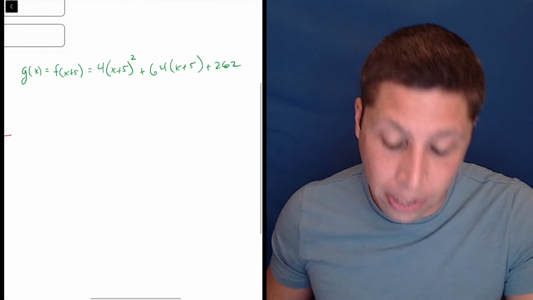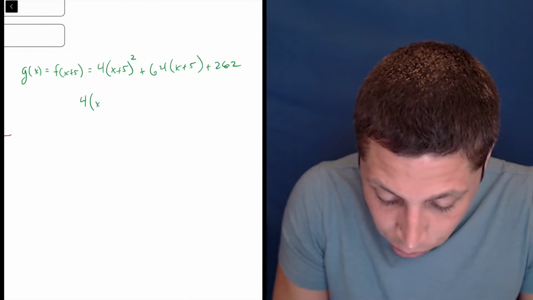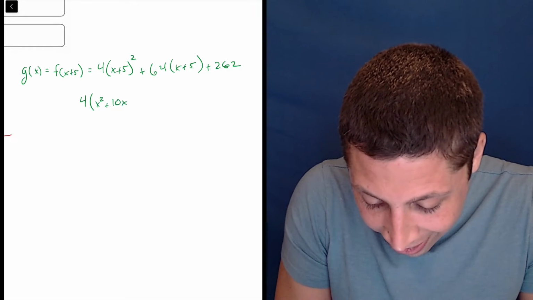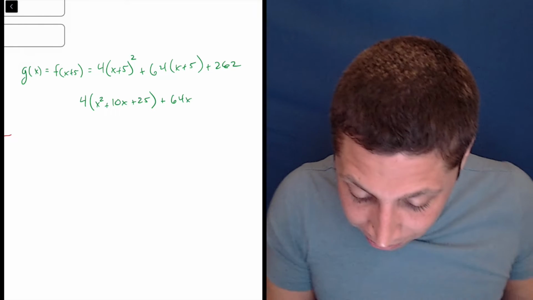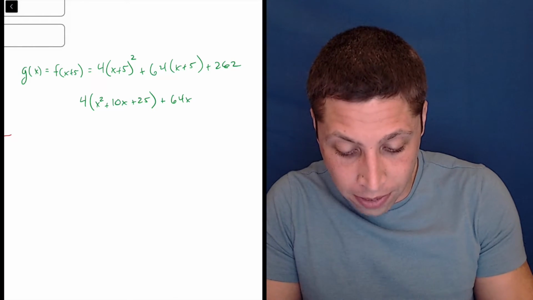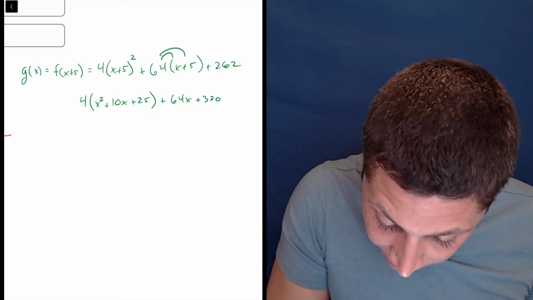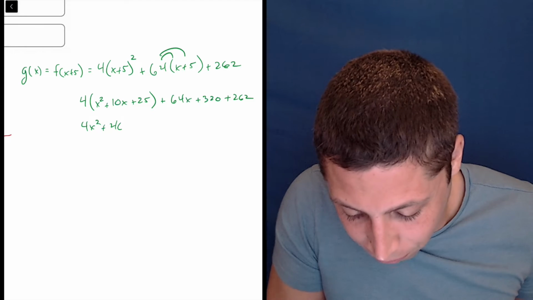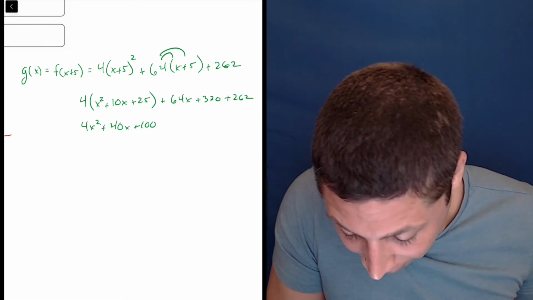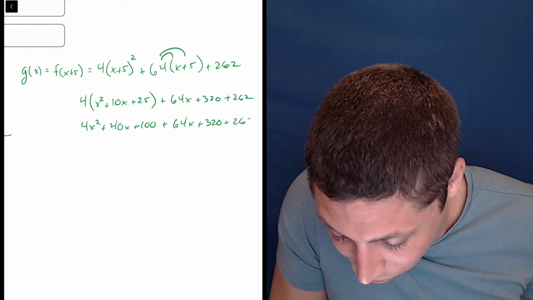So at this point, I would need to start to simplify. x plus 5 squared is x squared plus 10x plus 25, I hope I'm doing this right, plus 64x, and 5 times 64 is 320. So I'm distributing this, plus 262, so that's 4x squared plus 40x plus 100 plus 64x plus 320 plus 262.